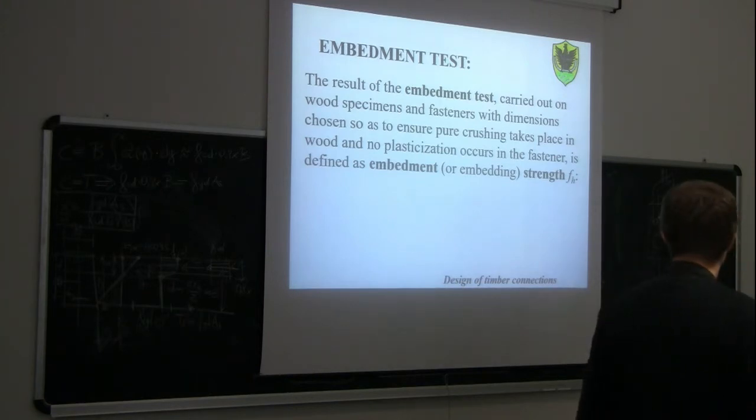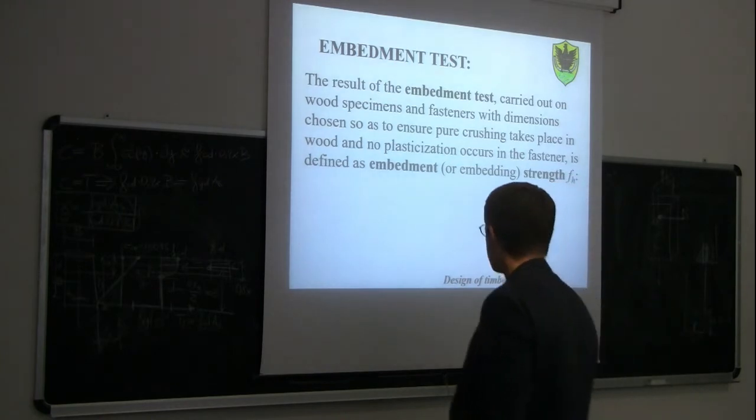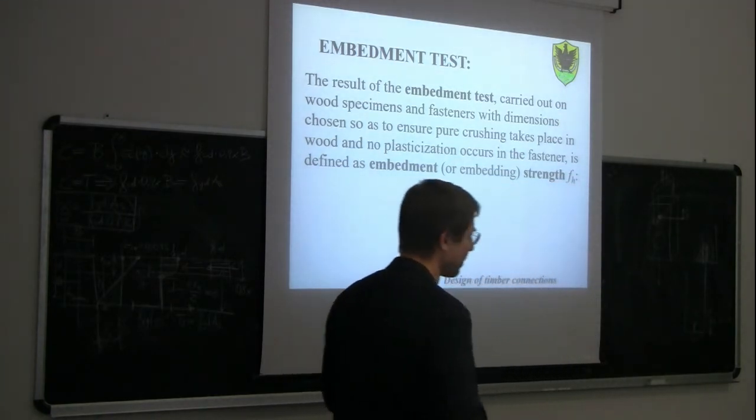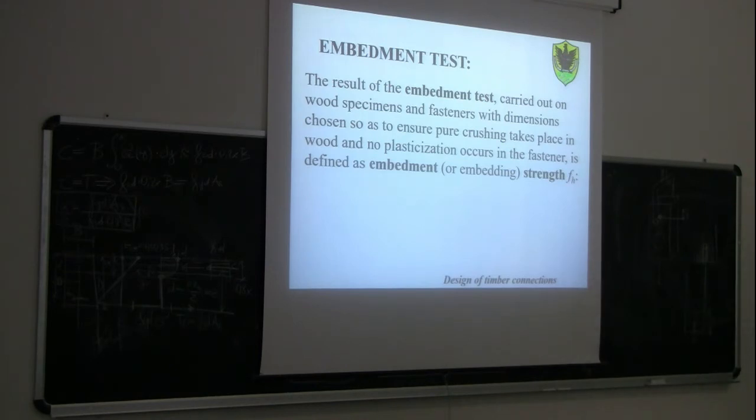So, the results of the embedment tests are then needed to find out the strength of the connection. Particularly, once we choose the wood specimen and the fastener, as a result of the embedment tests we can get what we call embedment or embedding strength.